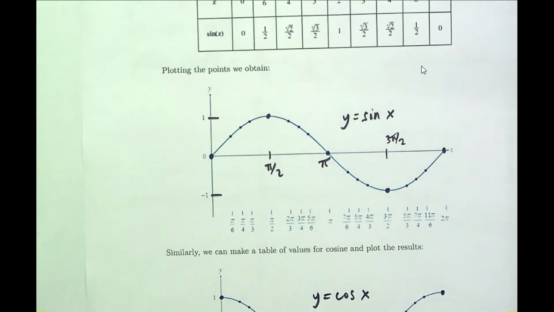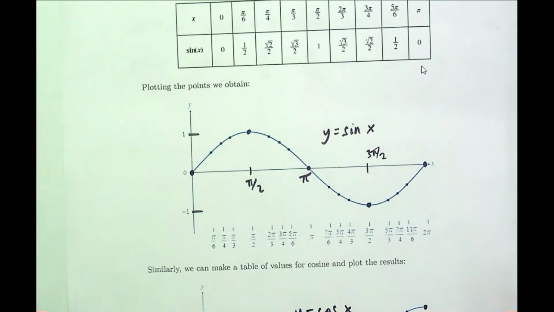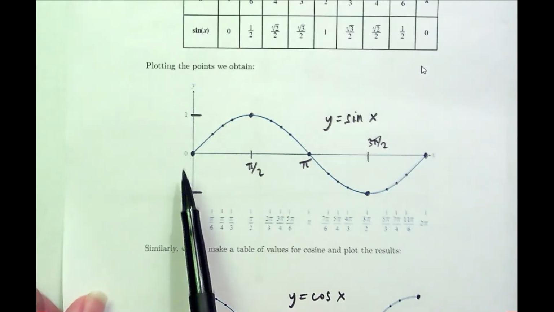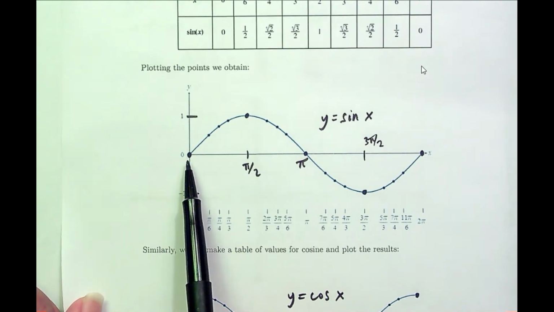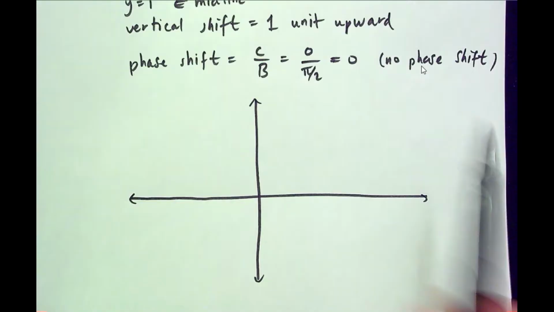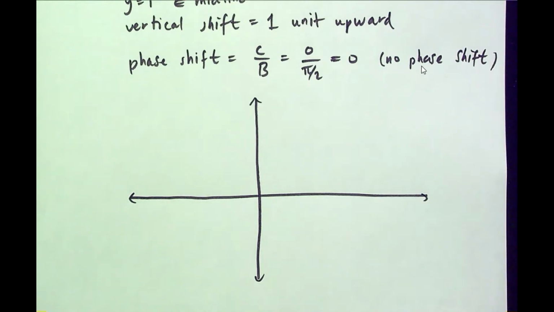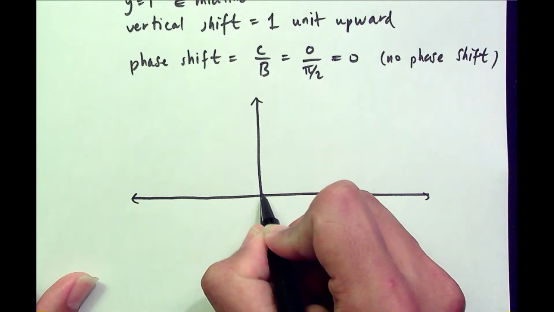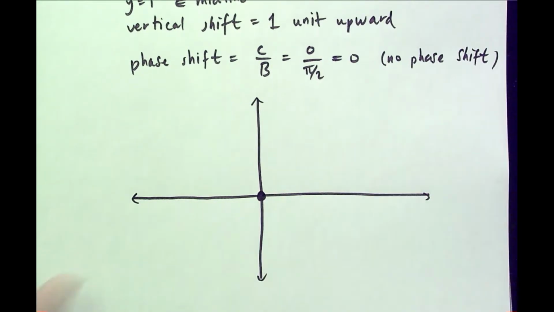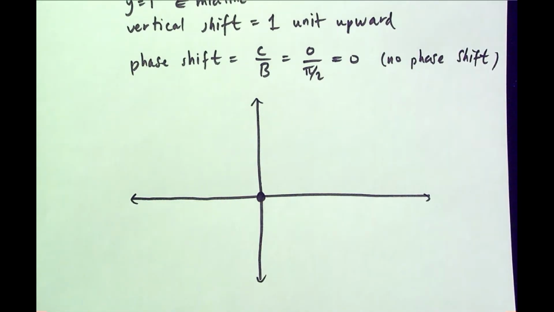So that means we're going to do the same here. All right, but first thing, the original graph starts at 0. In ours, it doesn't move either to the left or to the right, so that means it starts also at 0. Starts right there.